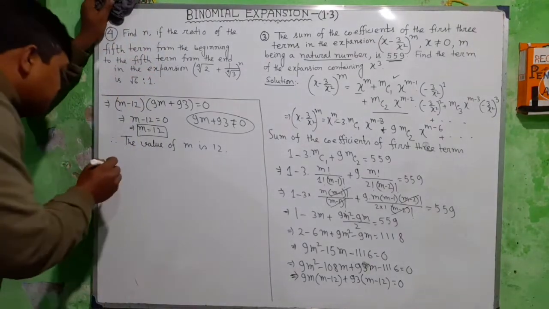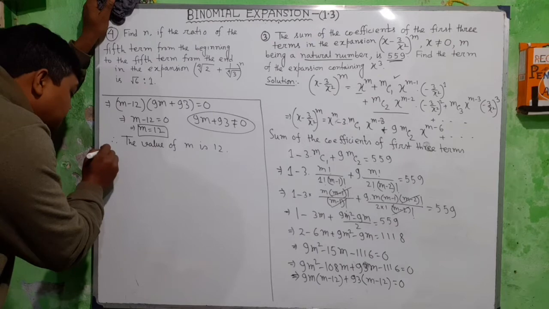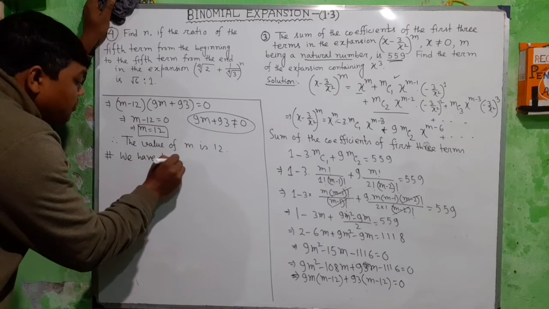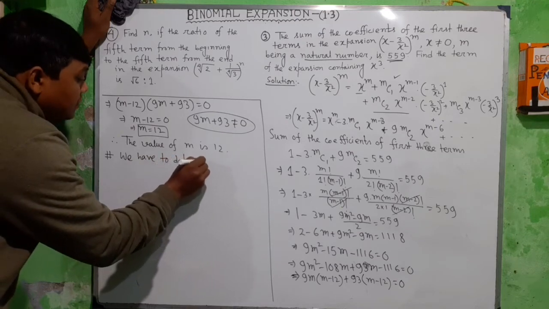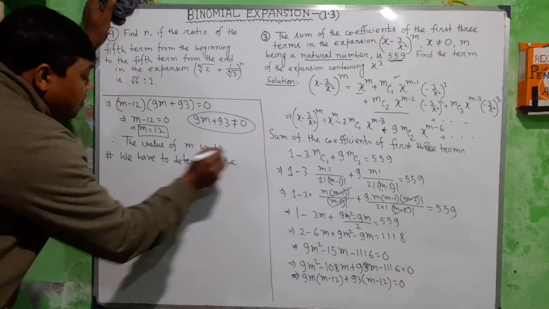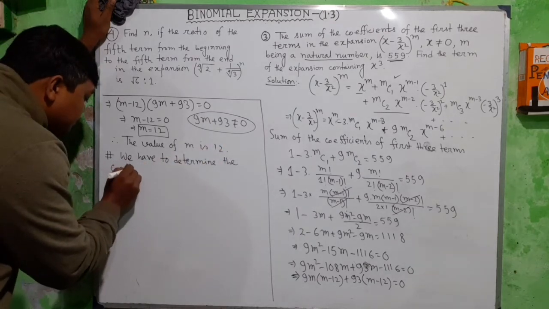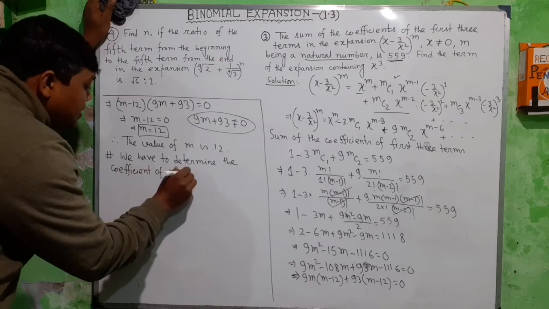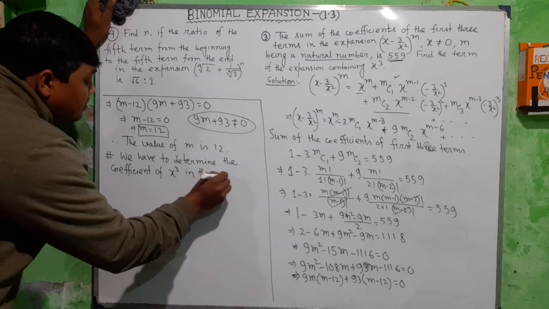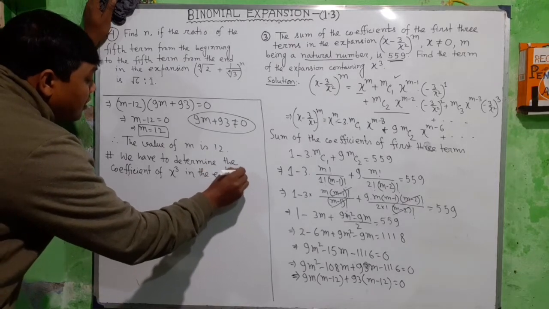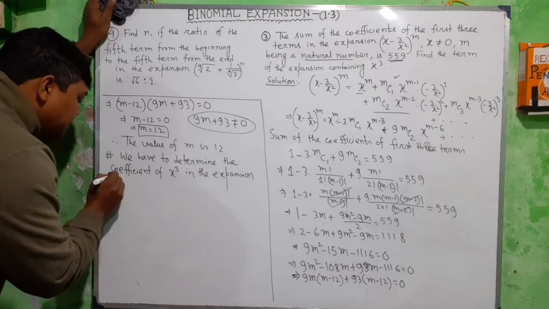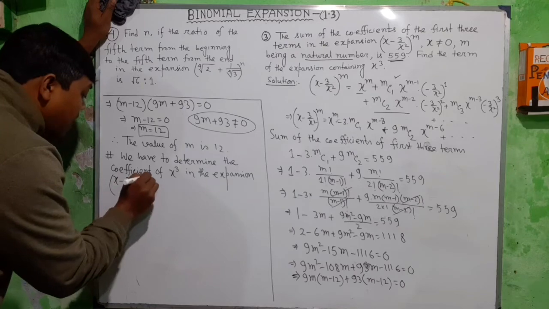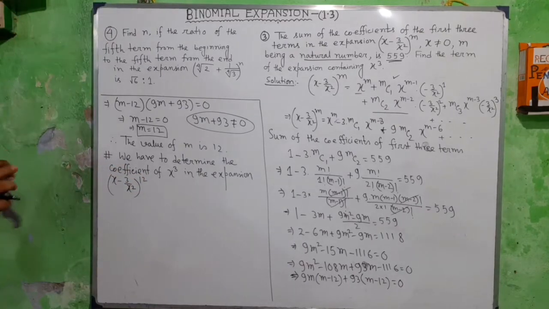So next part we have to determine the coefficient of x cube in the expansion of x minus 3 by x square whole to the power 12, because I have already gotten the value of m.